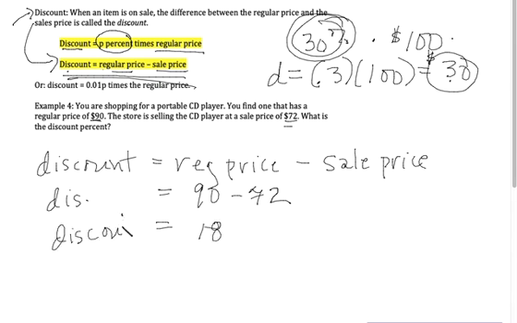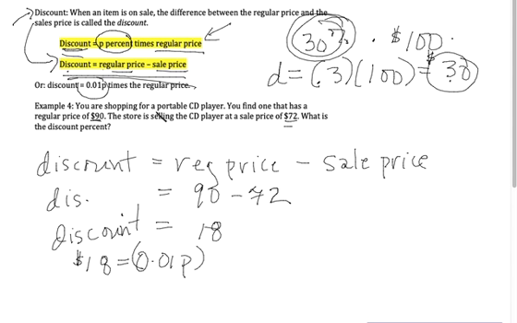Okay, that's pretty good. Then the question is, well, what was that discount percentage? Well, now you can go and look at this other equation. And you can say, well, I know the discount in terms of money was $18. So that's $18. That's equal to my discount percent, which I'm trying to solve for. So we're going to put that 0.01p in there, and we're going to multiply it times the regular price.